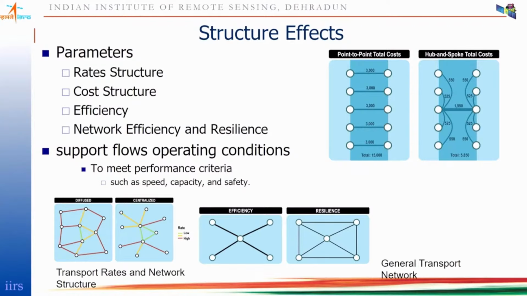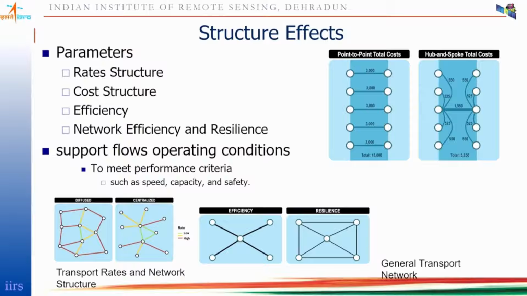So those cost parameters can be affected by the structure of the network. If the network has one-to-one connectivity or multiple connectivities, there might be a different amount of cost associated with it, and that may help to find different bottleneck areas and so on.